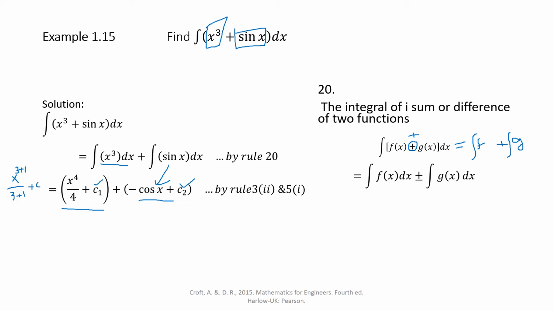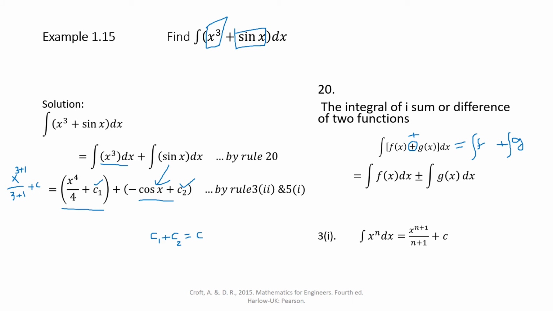So in the next step, c1 and c2 can be added and we get a neat answer, which we can call c. So instead of writing two c's, we write one c.